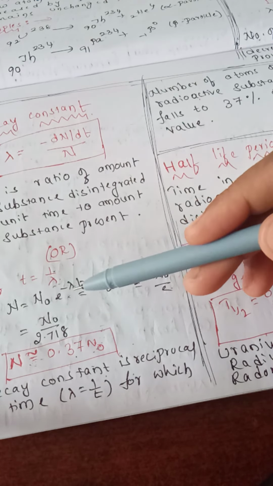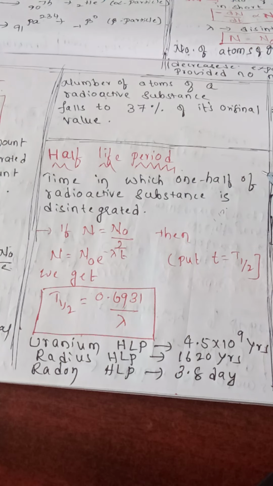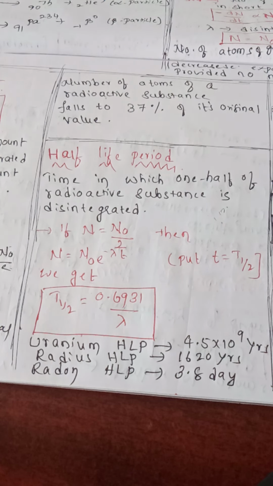Now next, half-life time. What does half-life time mean? If, in a particular time, 100 atoms reduce to 50 atoms, we call that the half-life time. It is the time in which 1/2 of the radioactive substance is disintegrated. How much time does a radioactive substance take to disintegrate to half its value?